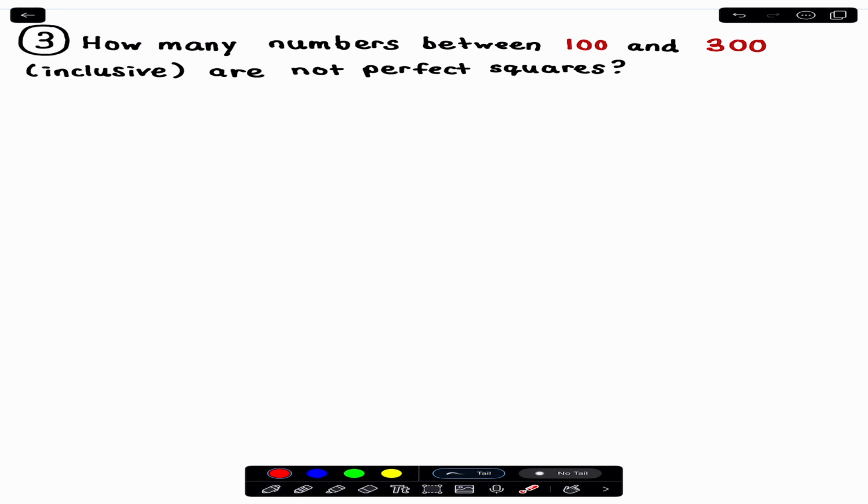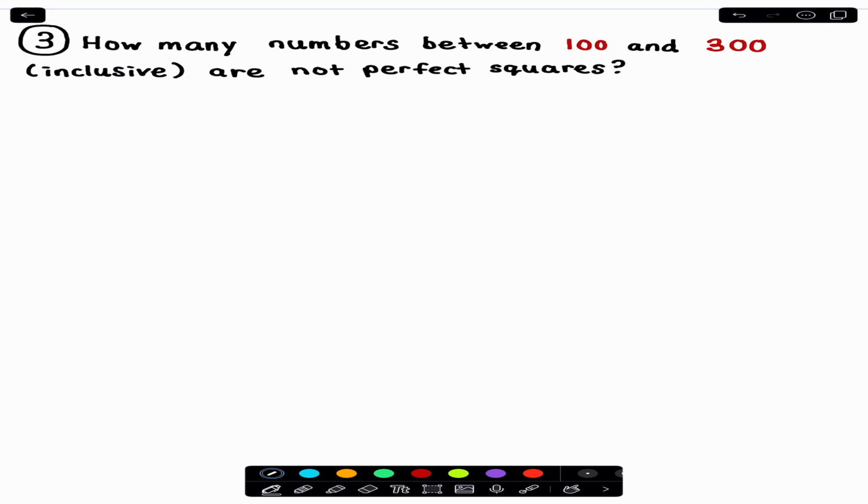So, again, before we even do any work, I think we can all agree that there are fewer perfect squares between 100 and 300 than there are non-perfect squares. And you can just very quickly go over them in your head. So there's 100, 121, 144.